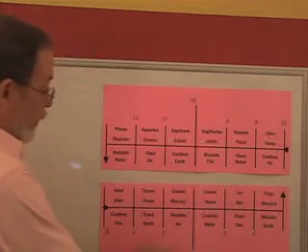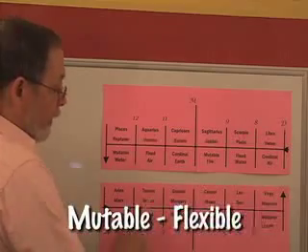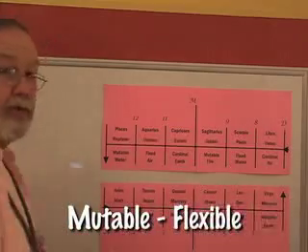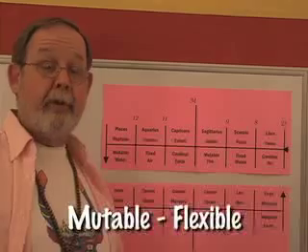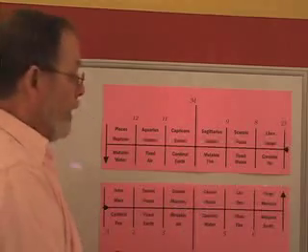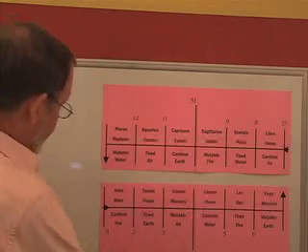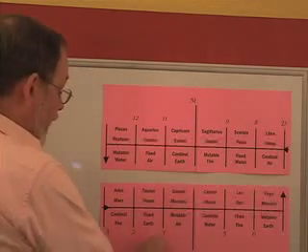And then the third movement we get to is mutable. And their purpose is to be able to be flexible, to be able to go with the flow. So they have the ability to contrast between the cardinal and the fixed signs.